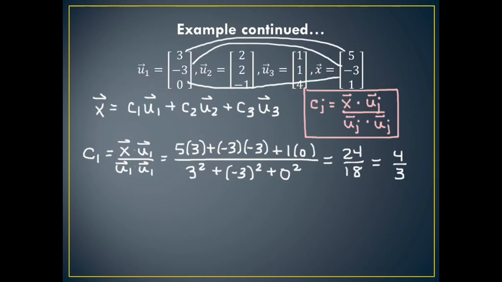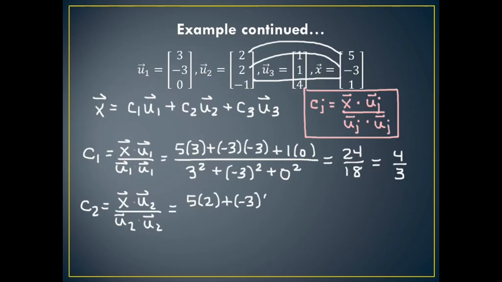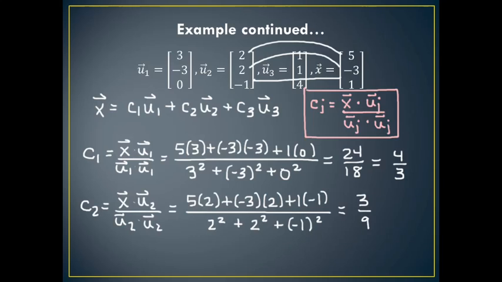I'm going to do the same thing for c2: x dot u2 over u2 dot u2. I'll let you try this out. And we get 3 over 9, which simplifies down to 1/3.